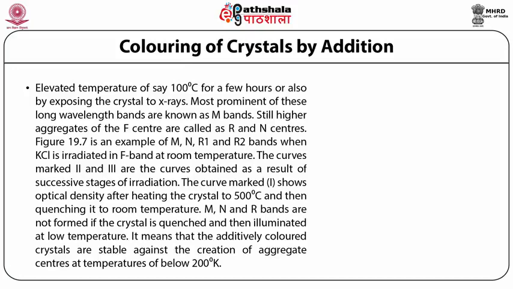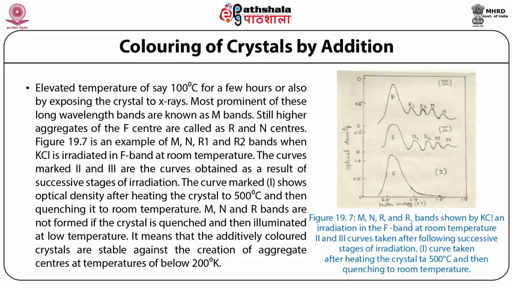Still higher aggregates of the F center are called R and N centers. Figure 19.7 is an example of M, N, R1 and R2 bands when KCl is irradiated in the F band at room temperature. The curves marked second and third are obtained as a result of successive stages of irradiation.